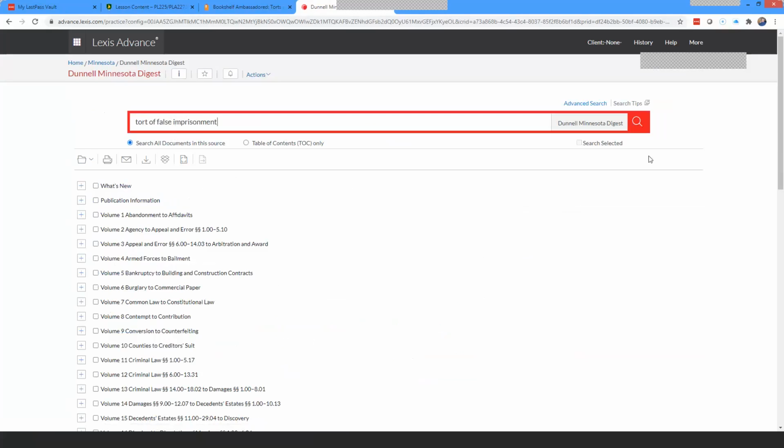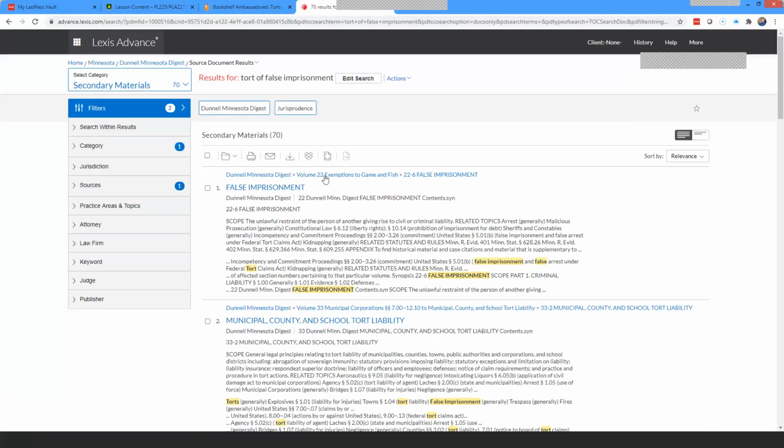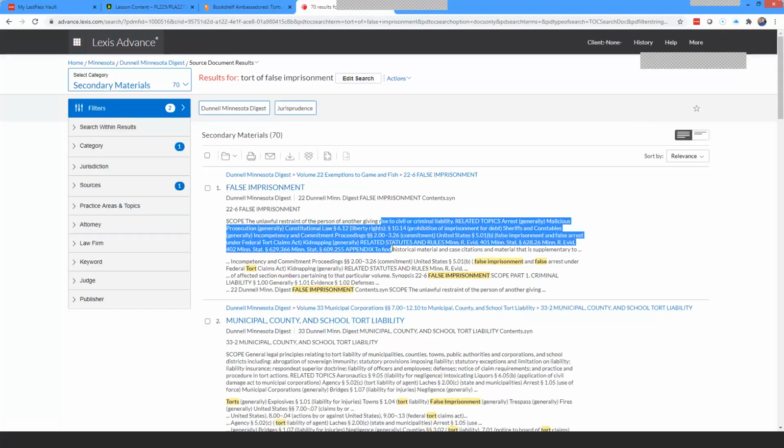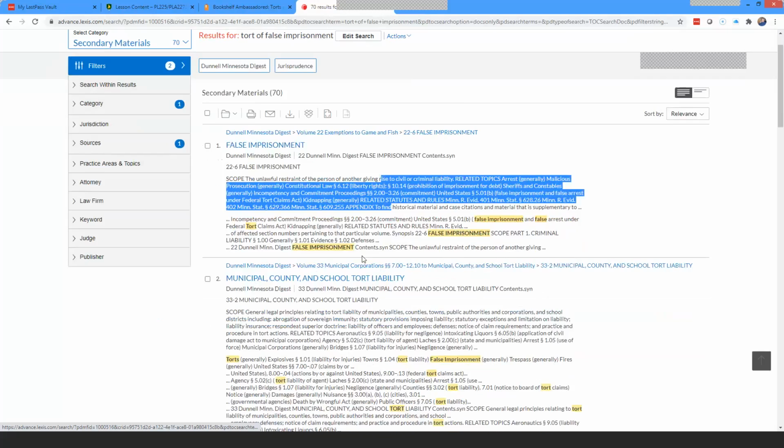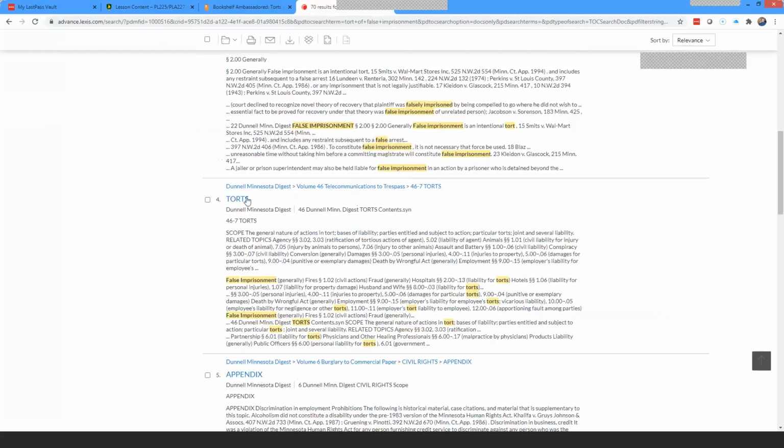I'll look in Dunnell Digest for the tort of false imprisonment and see if it gives me anything. Okay. False imprisonment, let's see. I would look in the torts article.